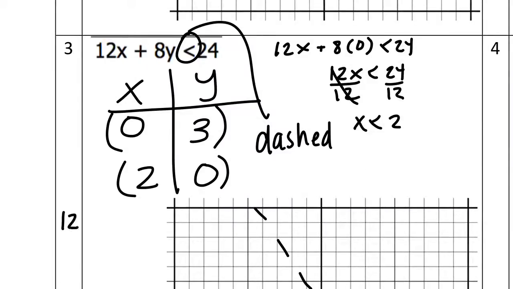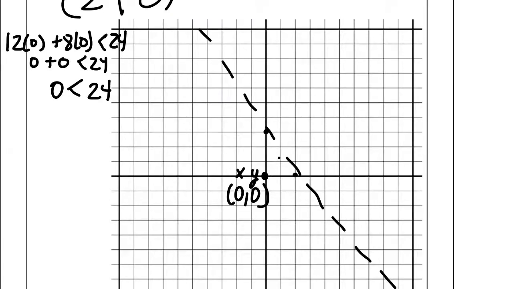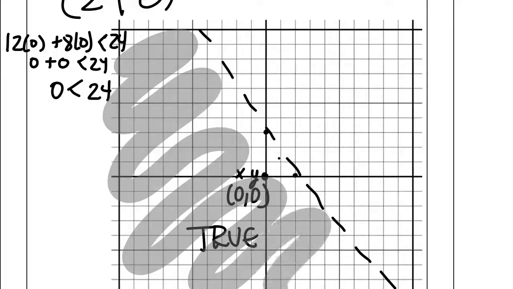So I'm doing 12 times 0 plus 8 times 0, and I want to know if this is less than 24. Well, 12 times 0 is 0, and 8 times 0 is 0, and 0 plus 0 is 0, and yes, 0 is less than 24. So I now know this is true, which means my solutions are on this side of my inequality line.